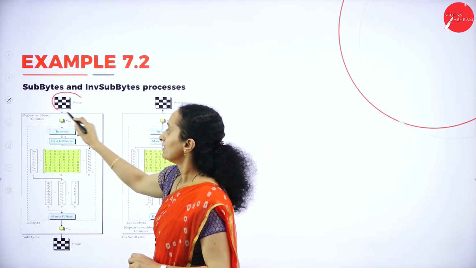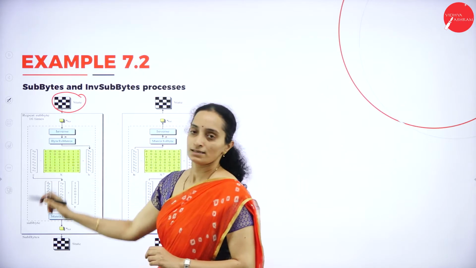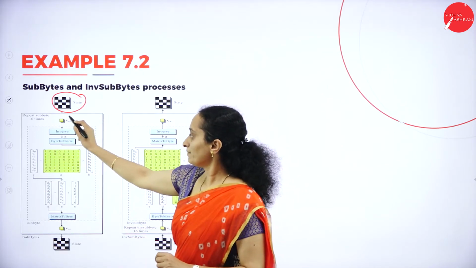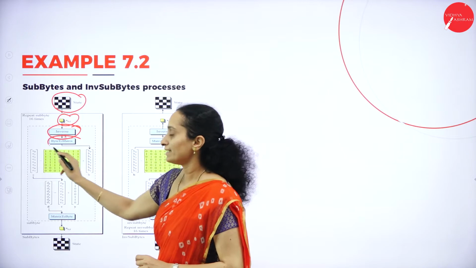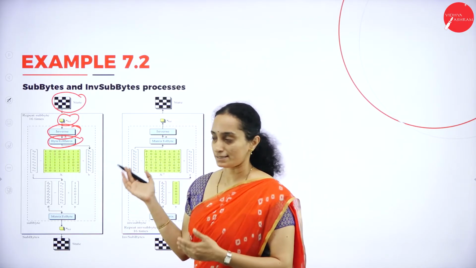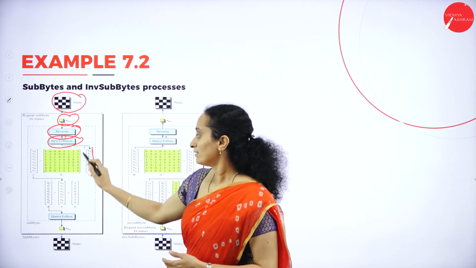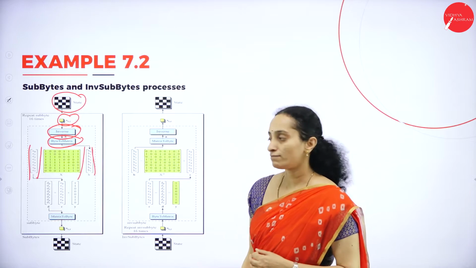Here we have the state matrix which will be given as S of RC, that is the substitution table with row and column. It will be inversed and transformed from byte to matrix. So here we have the matrix values and the column values.